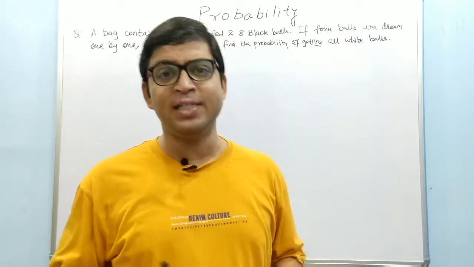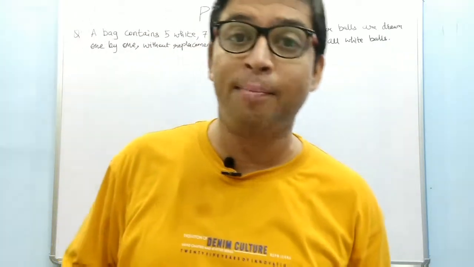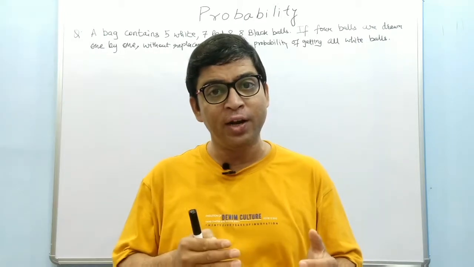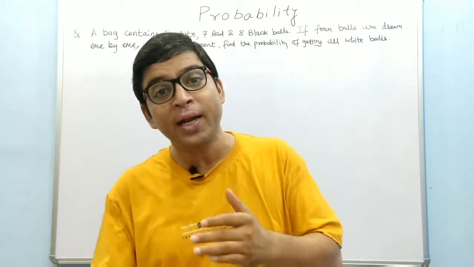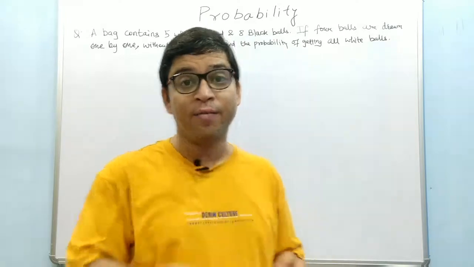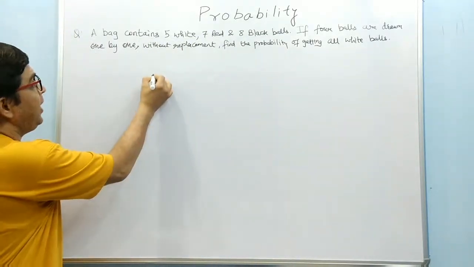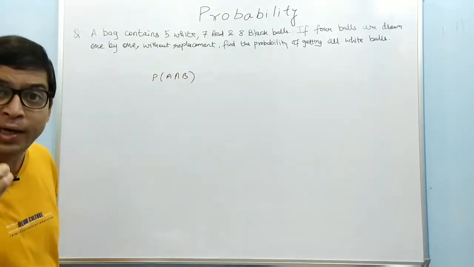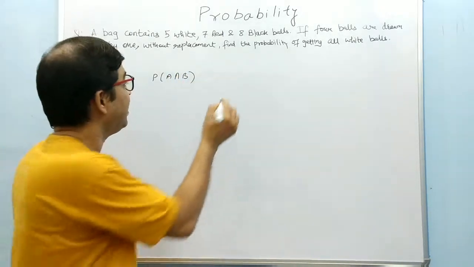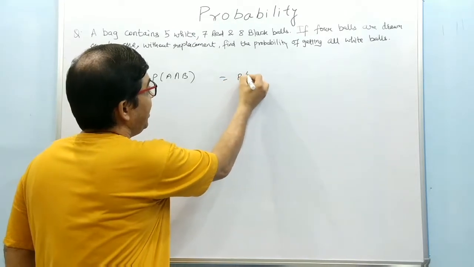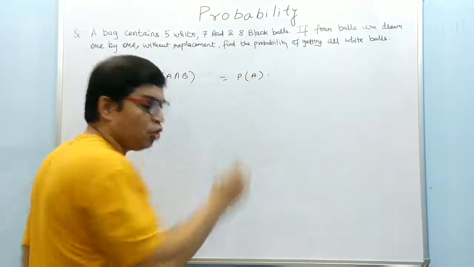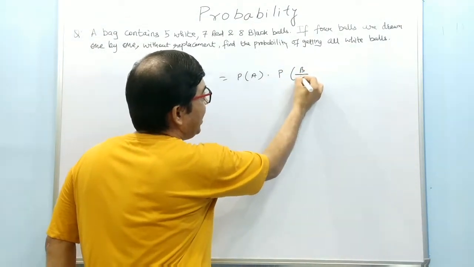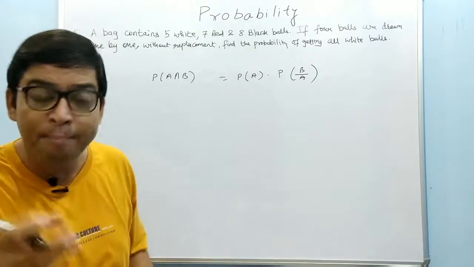Hello friends, we will see now conditional probability. Probability of happening of an event when it is dependent on the other event. How do we write it? P(A intersection B) when A and B are dependent on each other is written as P(A) into P(B) when A has already happened.